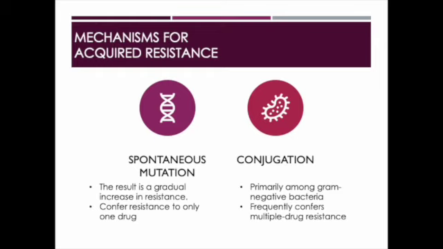So things that were never meant to cause our body harm can cause an issue because R factors are being transferred, and it's becoming more commonplace now. The possibility of transferring resistance from normal flora to pathogens is right now a significant concern in the clinical community. But in contrast to spontaneous mutation, conjugation frequently confers multiple drug resistance. And remember, spontaneous mutation confers resistance to only one drug.